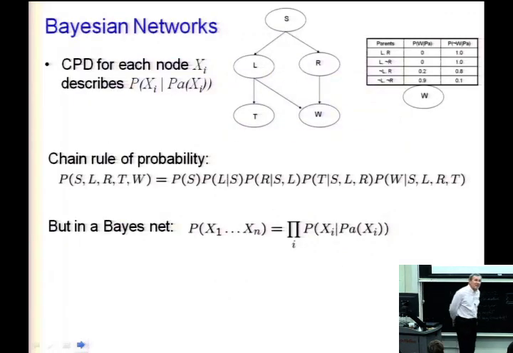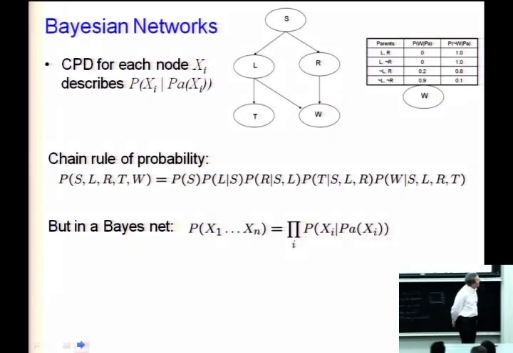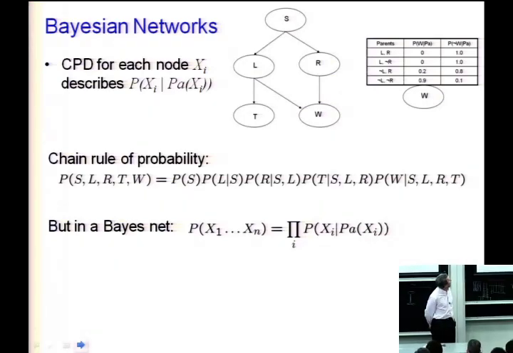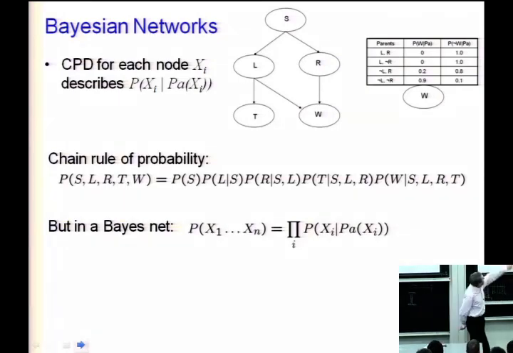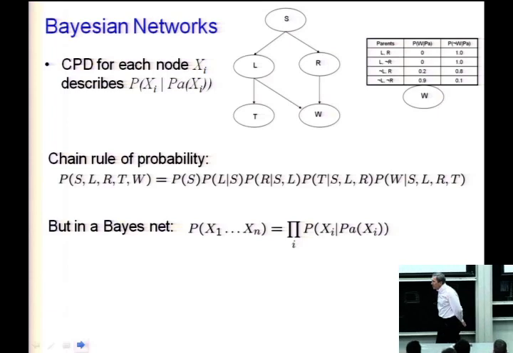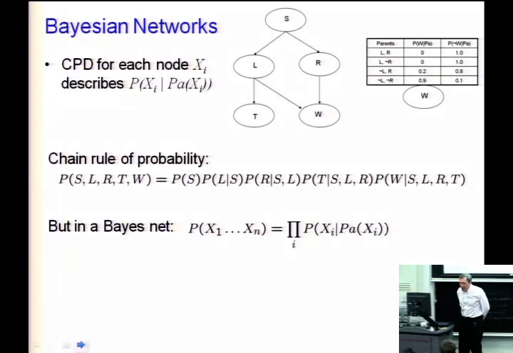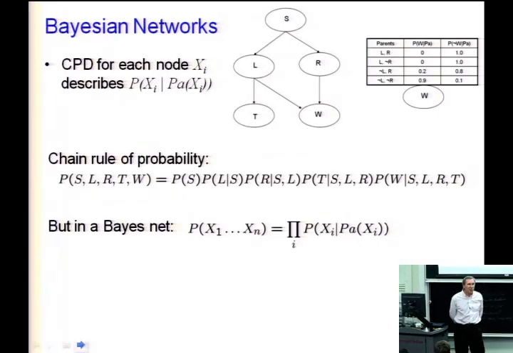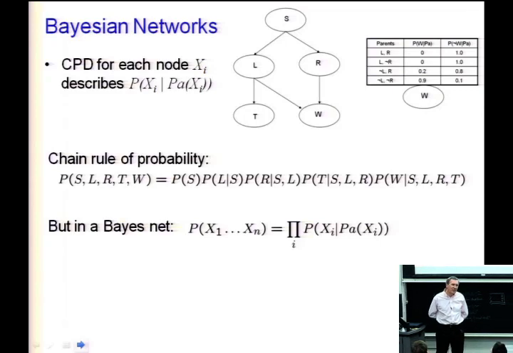Okay, so now let's see how we would represent, as we said, in a Bayes net the joint distribution over a collection of variables. We said it will just be the product over every node of its conditional distribution. But let's think for a moment about how that relates to the chain rule.